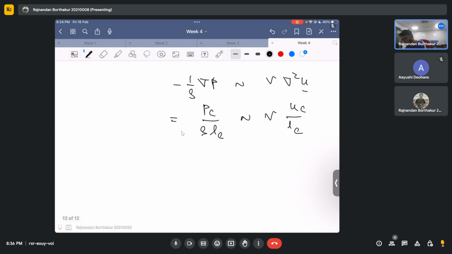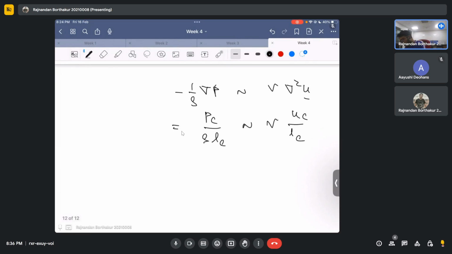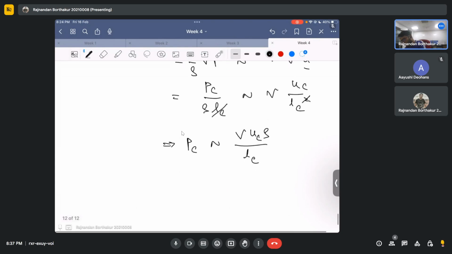So from this, please see the algebra correctly. I hope this is correct. Okay, so from this, if I just simplify, what do we get? This is LC squared, by the way, so this is just LC. If we find out PC, it would basically come out to be mu times UC by LC, if my math is correct.